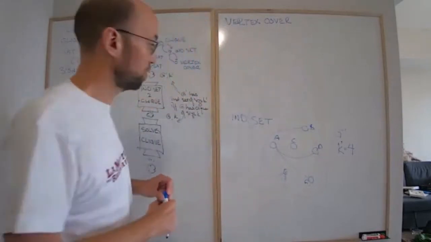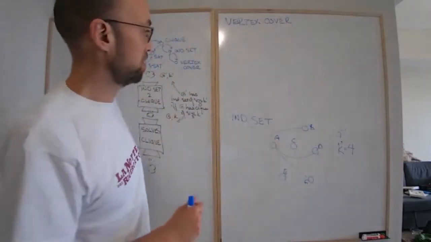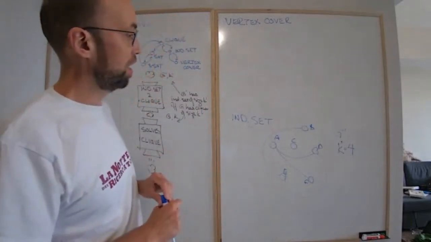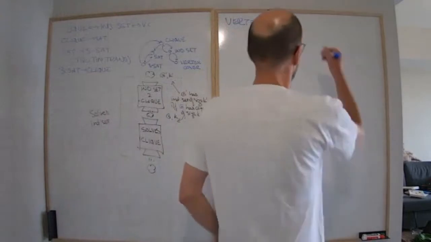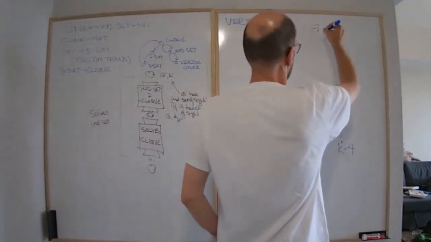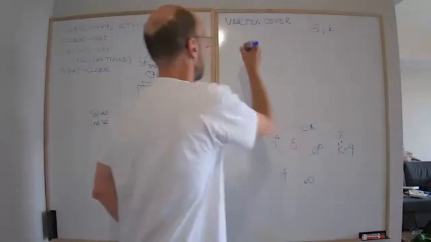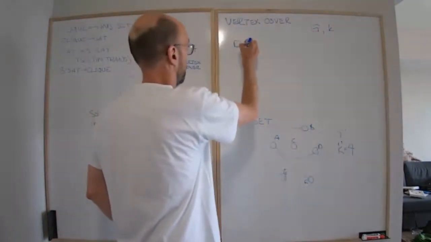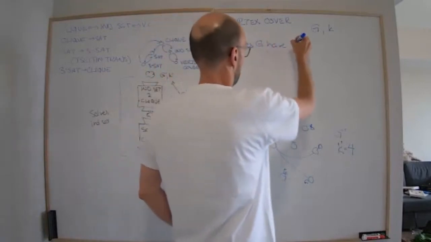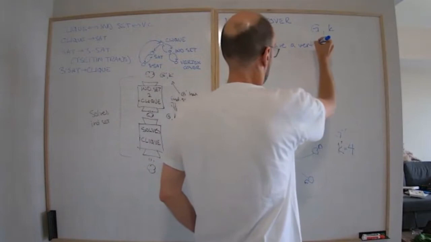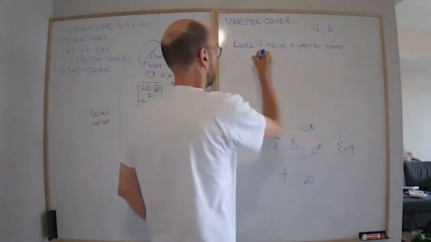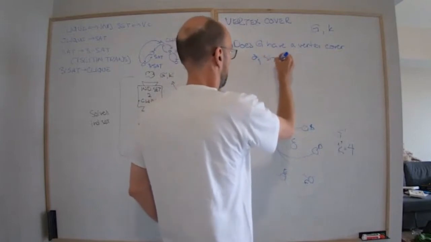So for vertex cover, you're given a graph, let's say this one, and you're given another number k. So you're given a G and you're given a k, and you're asked, does G have a vertex cover of size k?